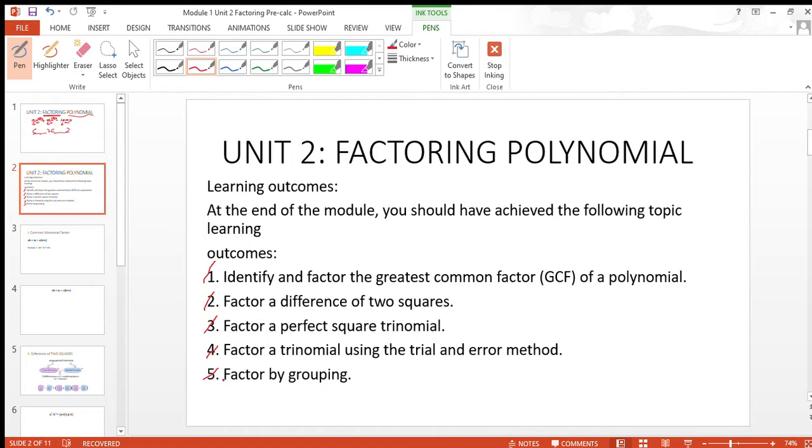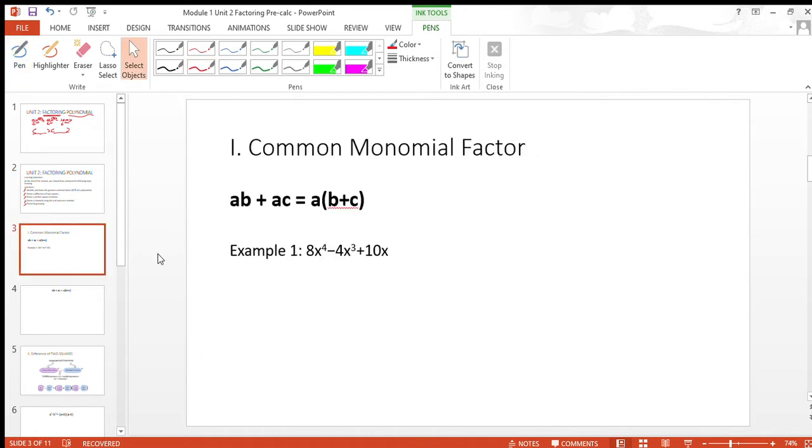And 5, factor by grouping. And of course, together with this, we must be able to identify what method of factoring must be applied in a given polynomial. So let's now start our factoring.